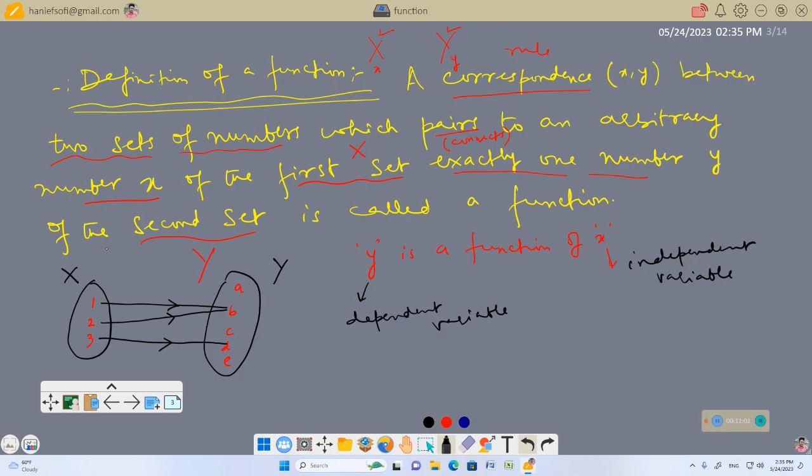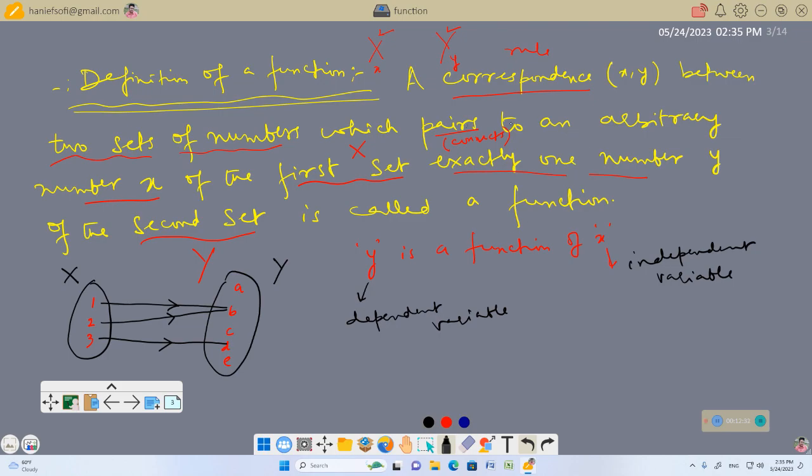We have two sets, set X and set Y. Condition is it should pair to an arbitrary number X of first set exactly one number Y of the second set. So in set X, no member should be left behind. That means the correspondence must connect all the members of set X. So 1 is connected, 2 is connected, 3 is connected.